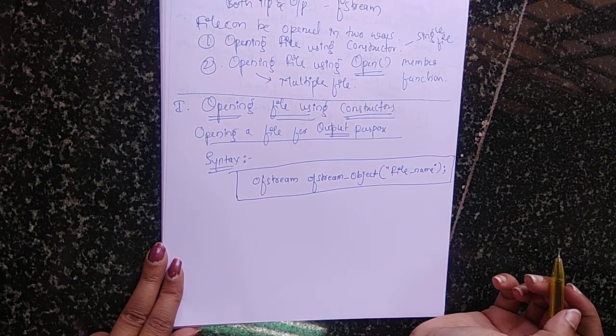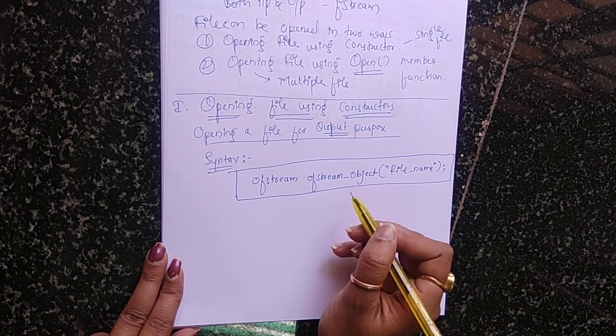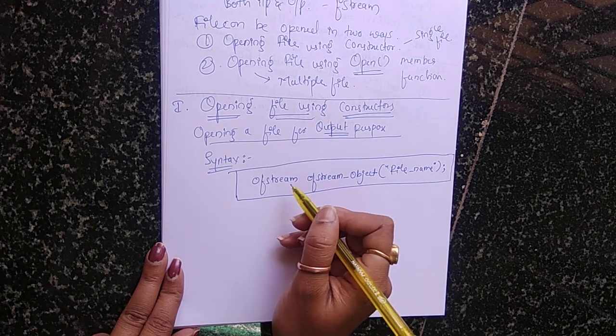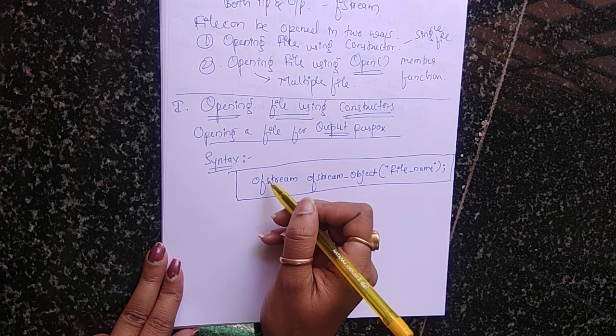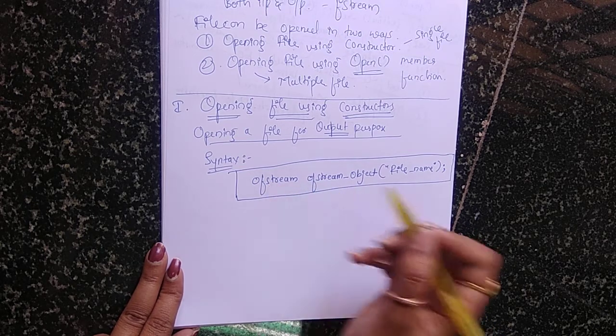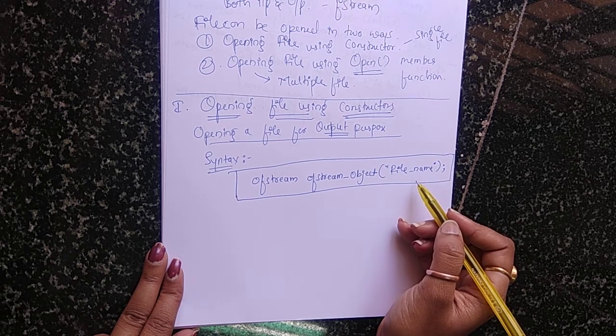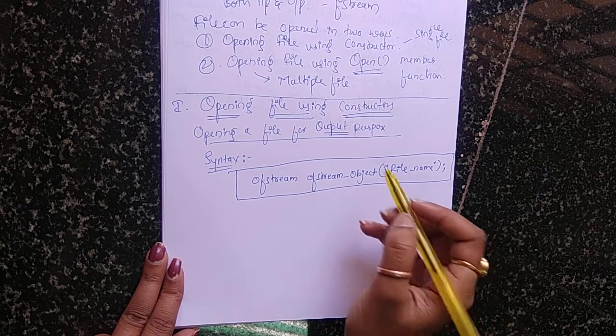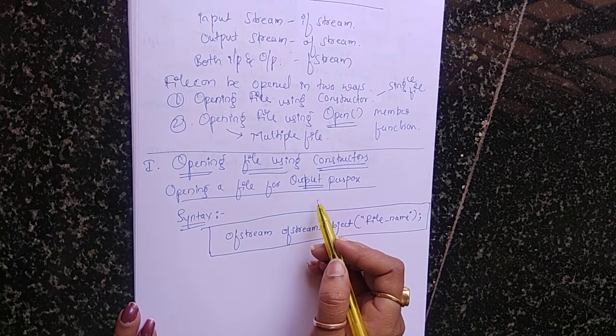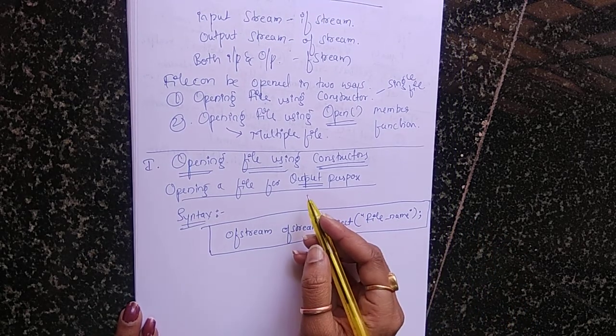Here the ofstream object is an object of the ofstream class, and the file name is any valid file name which you want to open for output purpose.